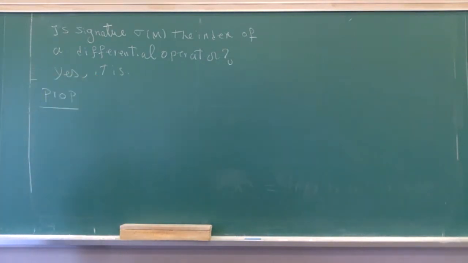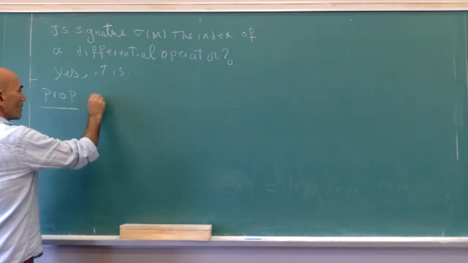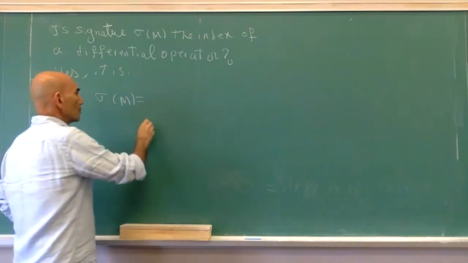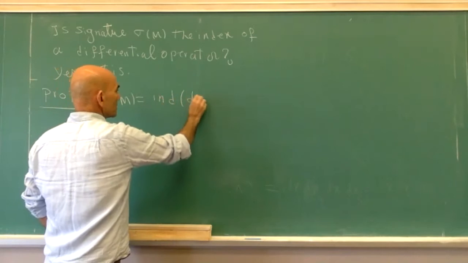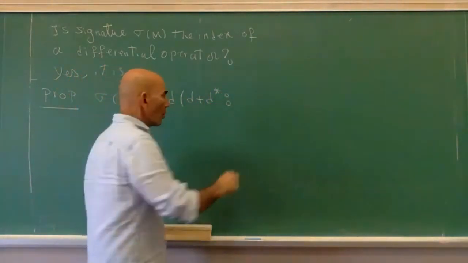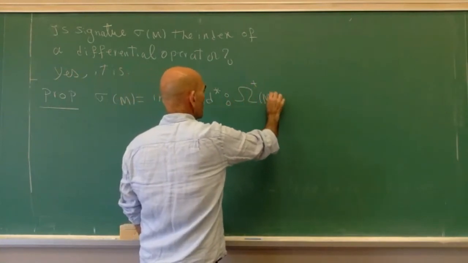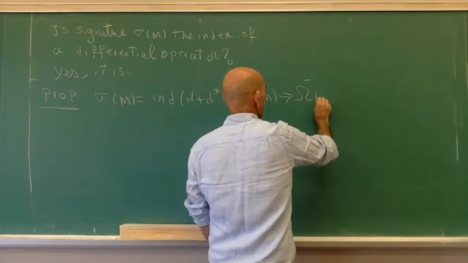But let me write it. The proposition is that sigma of M is equal to the index of d plus d star, going from omega plus to omega minus.